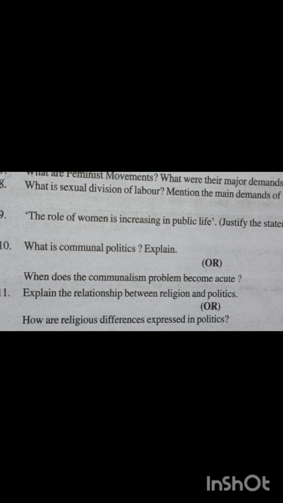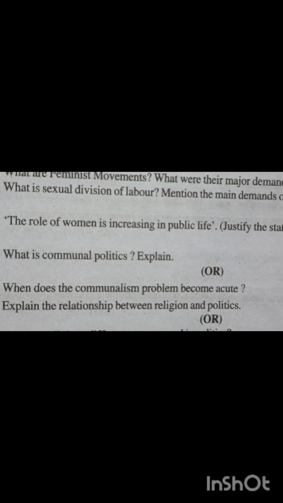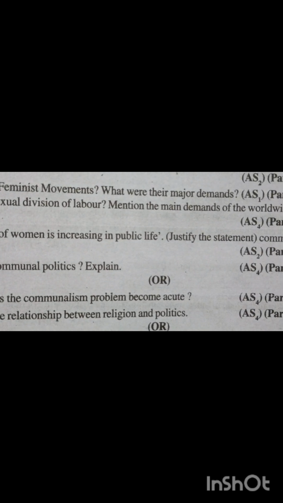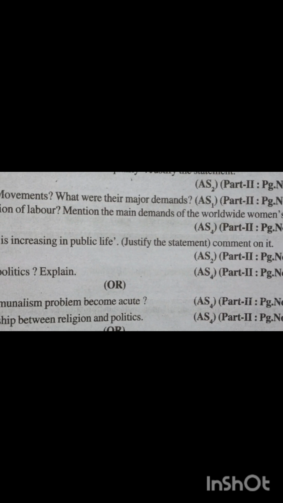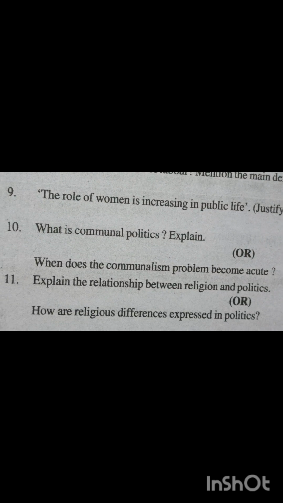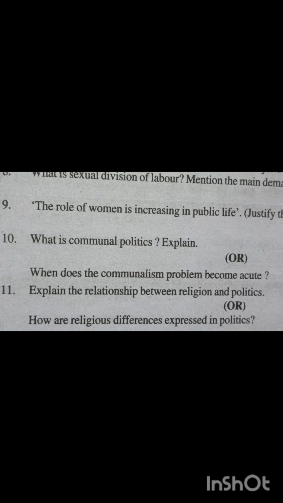Ninth one, the role of women is increasing in public life. Justify the statement or comment on it. Tenth one, what is communal politics? Explain.